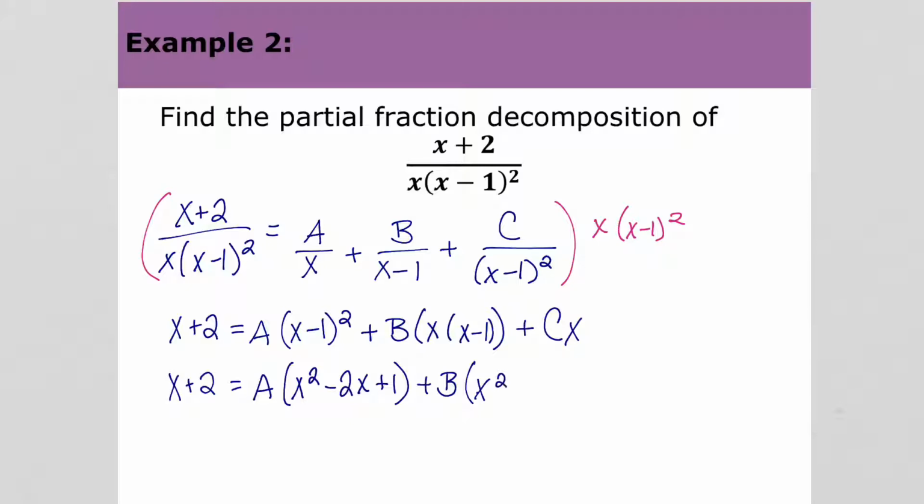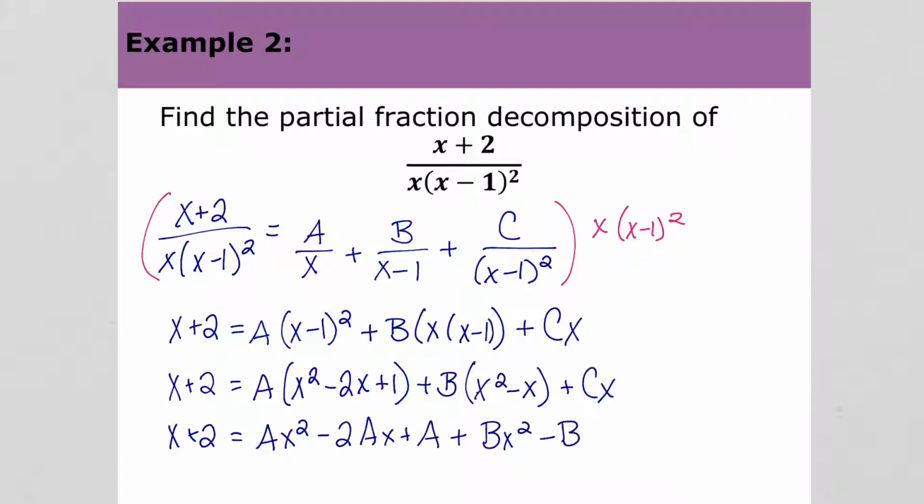So that'll give us x squared minus x. Bring down the cx. And then we need to distribute through a and b. So we've got ax squared minus 2ax plus a plus bx squared minus bx plus cx.